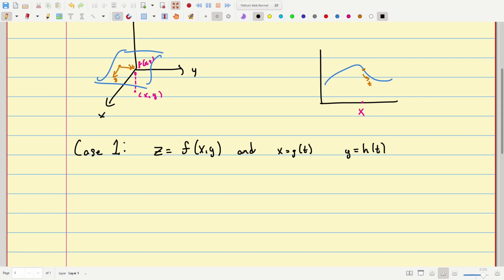Okay? In this case, the chain rule has the following form. dz dt, and those are regular d's, is going to be equal to the partial derivative of f with respect to x times the derivative of x with respect to t.